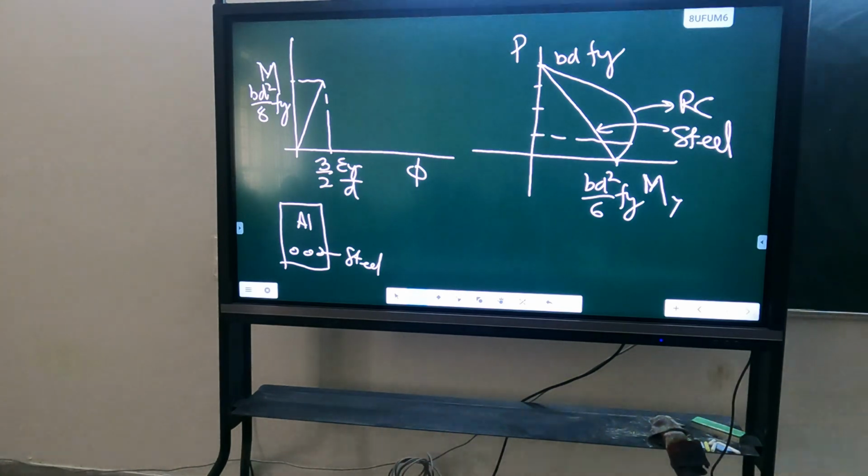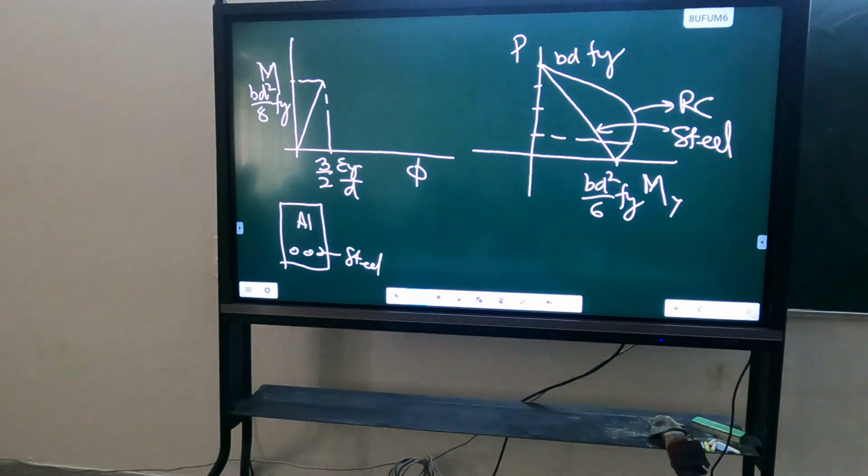In steel we are considering both tension and compression, but in concrete we consider only compression. See what is the basic difference in the stress-strain curve of concrete and steel? One is non-linear, another is linear, and other than that, the stress-strain curve for steel is the same in compression and tension. Concrete has very little strength, only 10%, in tension, and in compression it is much more.